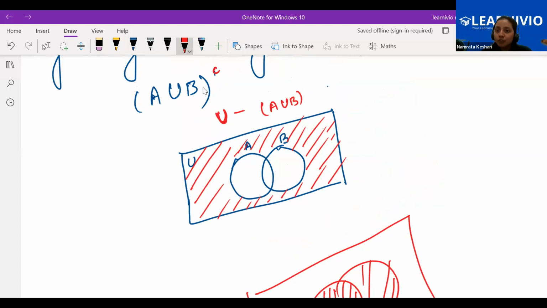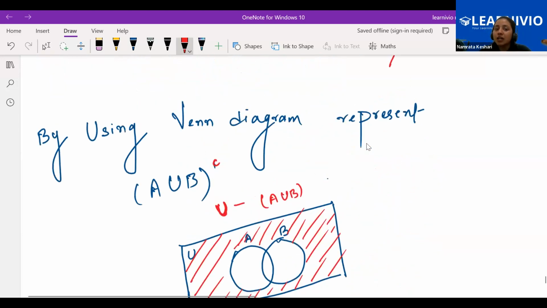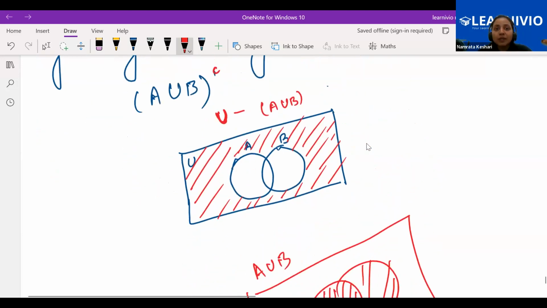And the meaning of complement of A union B means everything we will shade from the universal set, everything we will shade except A union B. What is A union B? A union B is this. So that's why he said correctly, perfectly, that we will be shading everything except these two circles, and that's called the complement of A union B. Am I making sense to both of you?